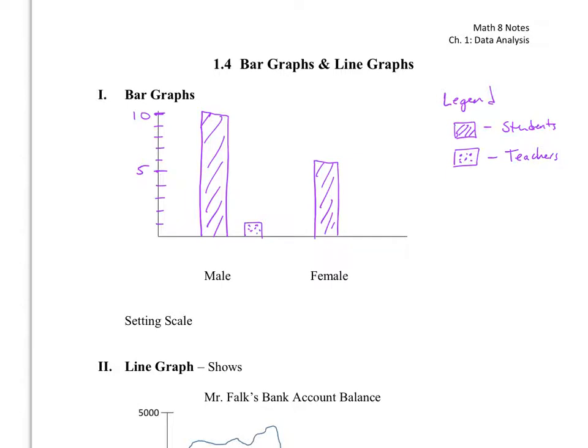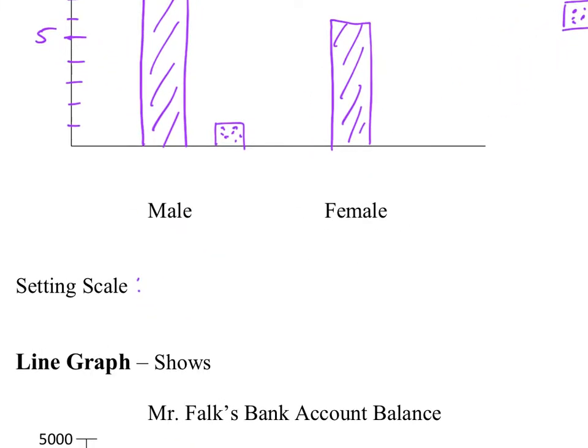Okay, setting the scale. That's what you're going to do on the side there. What I'm doing is looking at the range of values. In this case, we went from 0 people all the way to 10. And I do that before starting.